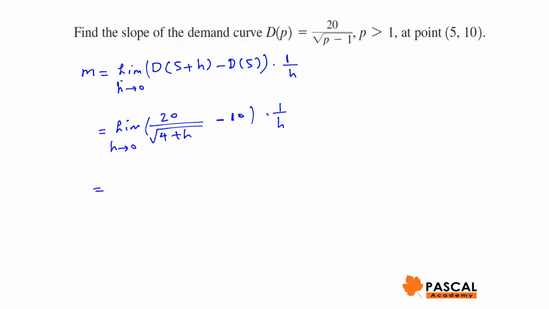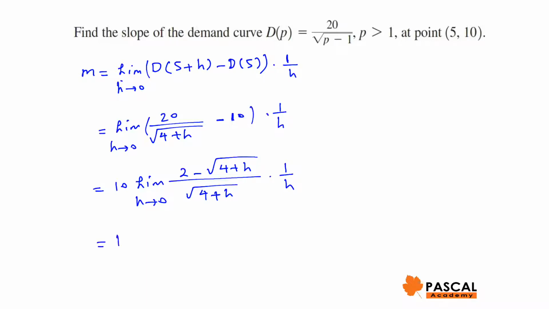The limit of a constant times a function is the constant times the limit of the function. This gives us 10 times the limit of (2 minus square root of 4 plus h) over square root of 4 plus h, times 1 over h, as h approaches 0.